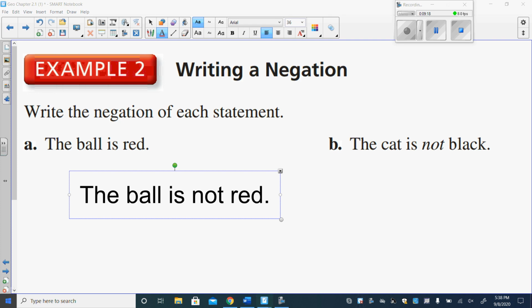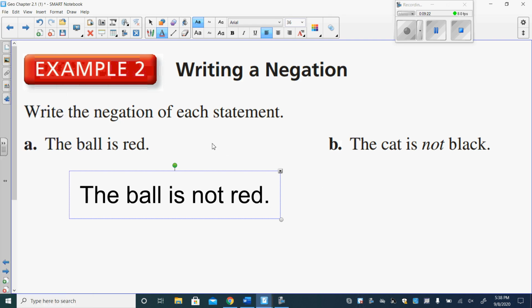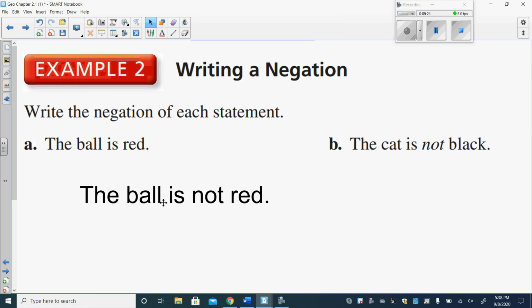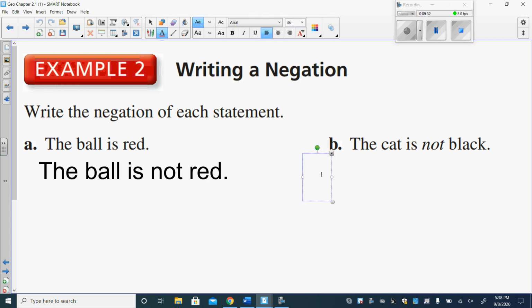Now we won't say the ball is pink or the ball is purple or the ball is blue, because the negation is just the opposite. So the opposite of the ball is red is the ball is not red. Saying the ball is pink is not the negation, it's just another way of saying it. It's just different. The negation is the opposite.